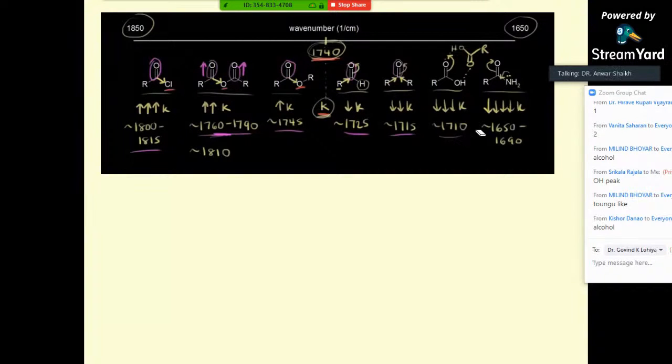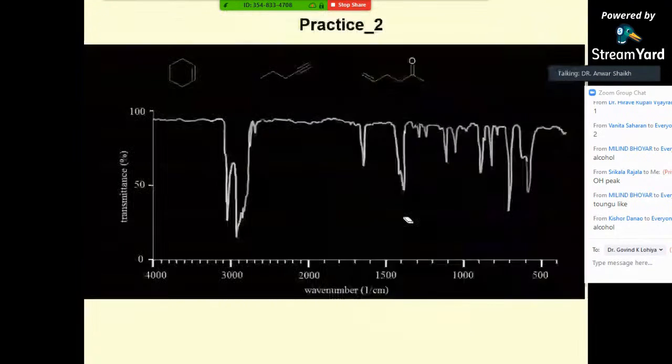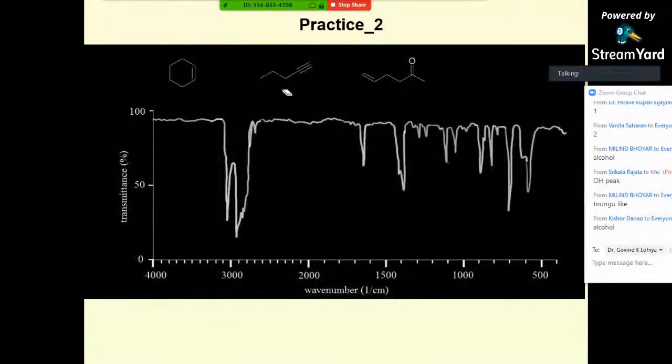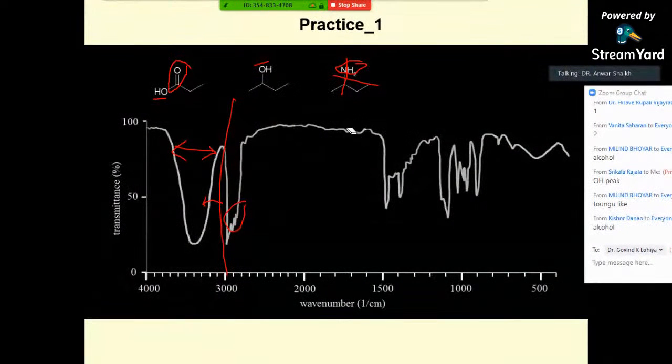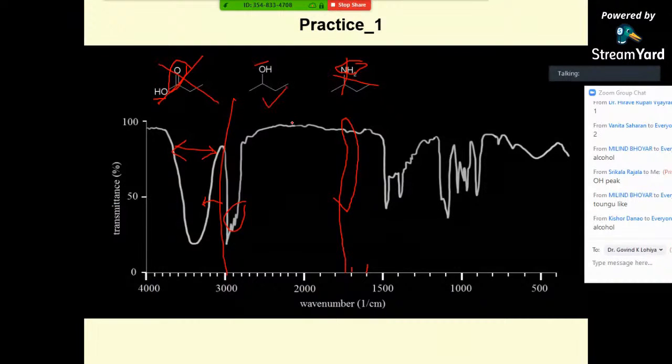If you see here, there is no sharp peak in this region. Around 1600, 1700, there is nothing. So we can rule out this structure. So finally we can say it is an alcohol.